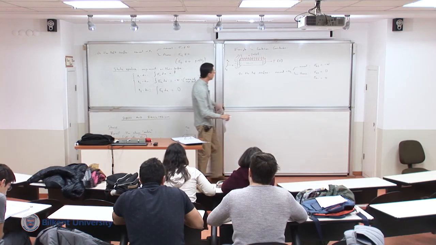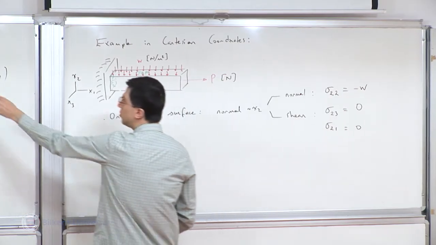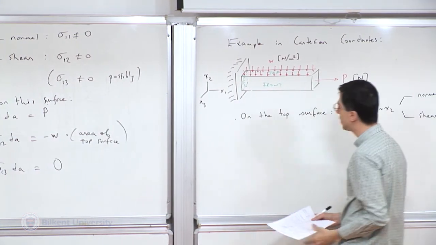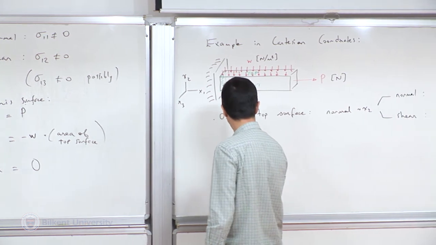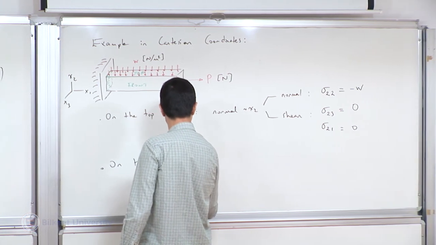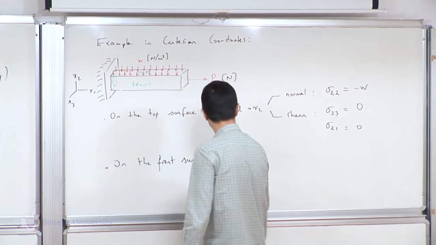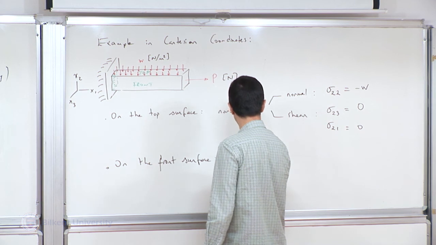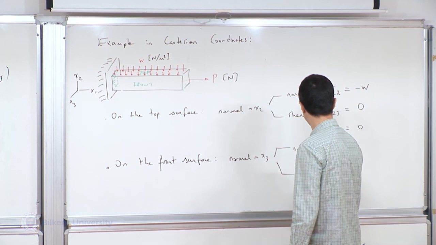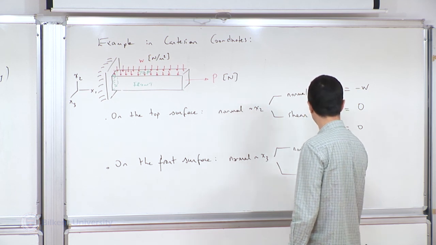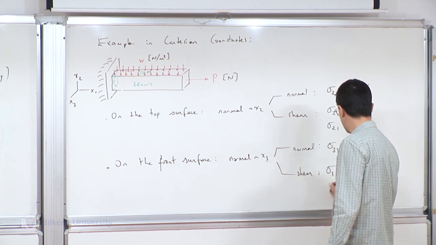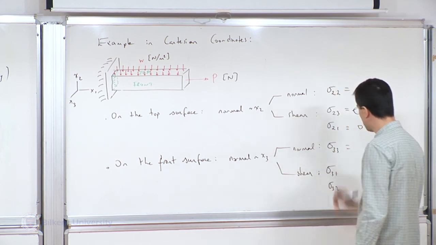Okay, so I gave an example for the plane with normal x2, x1. Let's pick a plane with a normal x3, which is, in this case, let's say the front surface. So I'll add that here. On the front surface, the normal is associated with x3. And again, I have a normal stress component and two shear stresses. The normal is sigma 3, 3, and the shear ones are sigma 3, 1 and sigma 3, 2.